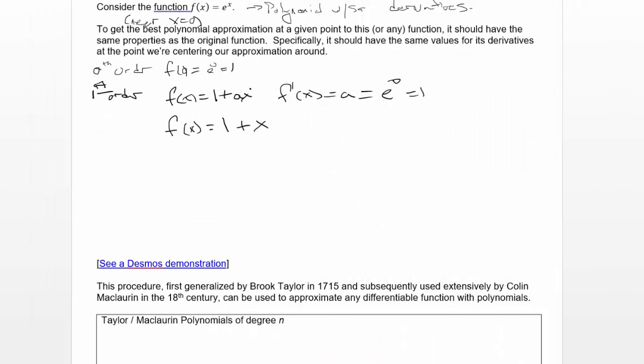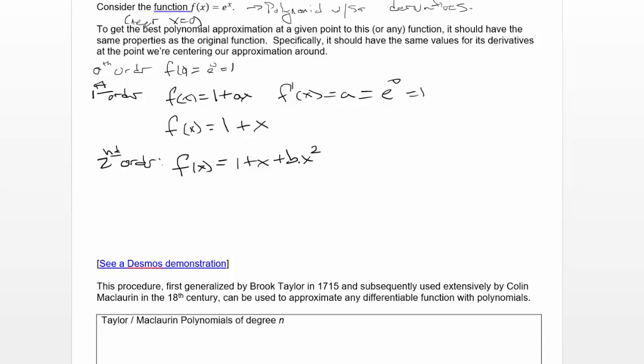Okay, let's refine our estimation. Let's get a second order approximation. This should be a polynomial whose original value, first derivative, and second derivative are the same as our original function.